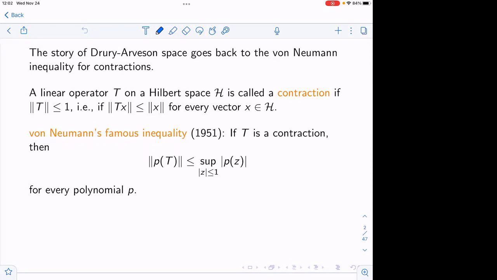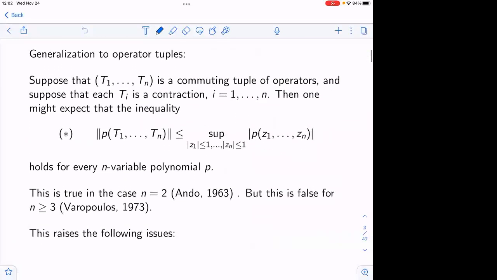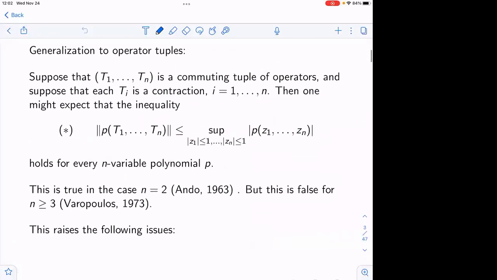So once you have that, you sort of wonder, how do you generalize this to tuples of operators? If you consider a commuting tuple, then I think the first thought might be that you try to do it on polydisks on the right-hand side.